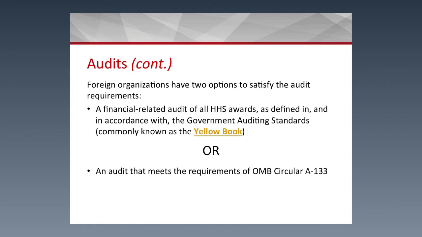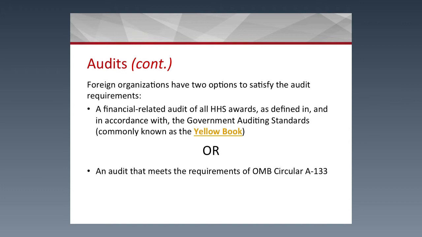You can either have an audit conducted that's the financial related audit of HHS awards as defined and in accordance with the Government Auditing Standards, and this is commonly known as the Yellow Book. More details on this information can be accessed through the NIH website, or an audit that meets the requirement of OMB Circular A-133.